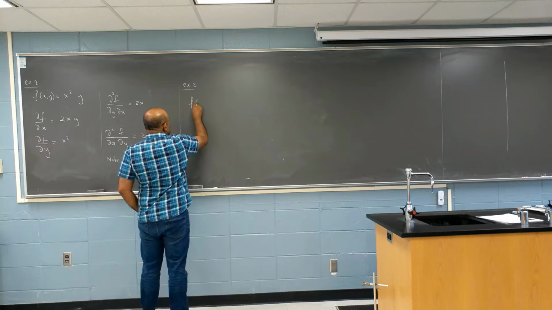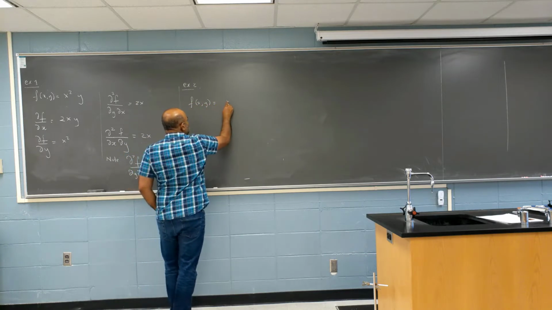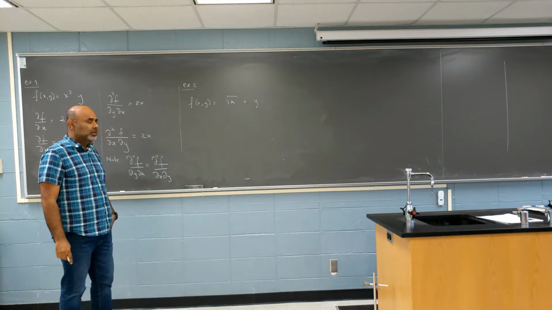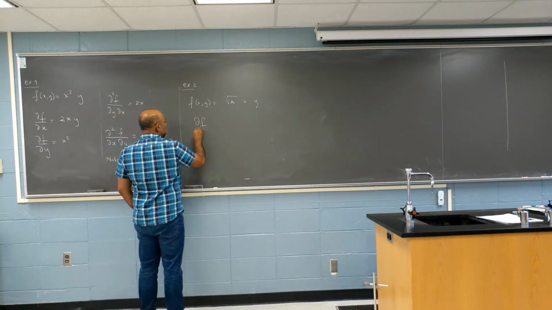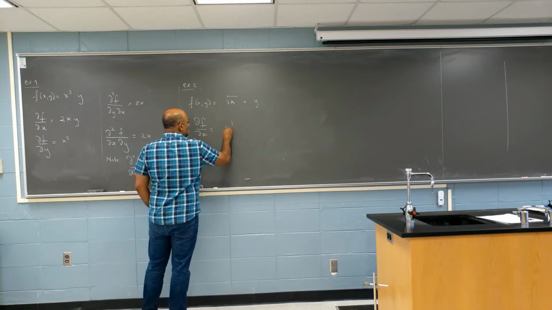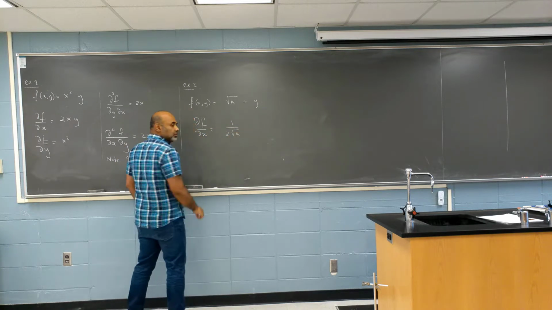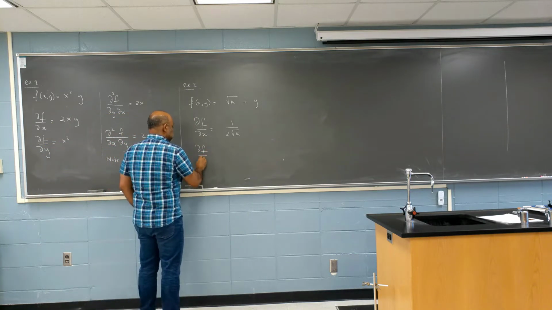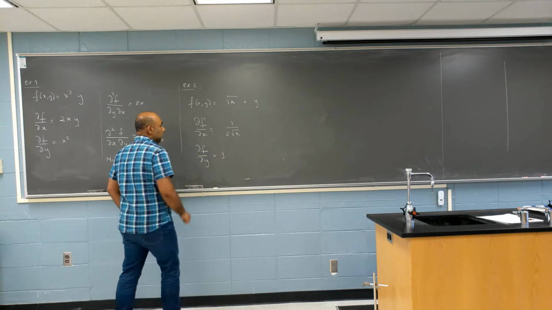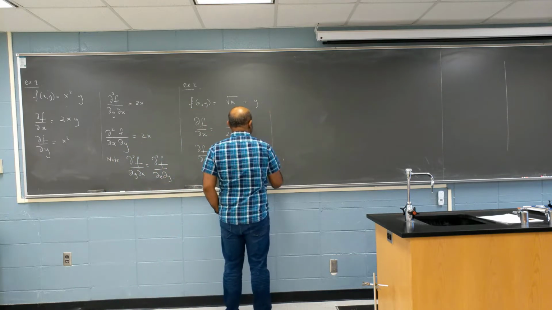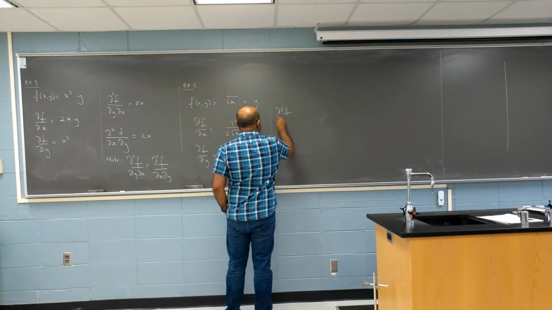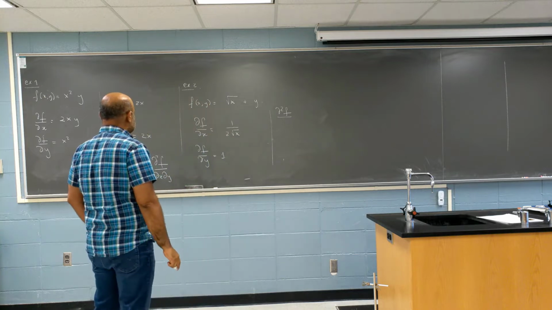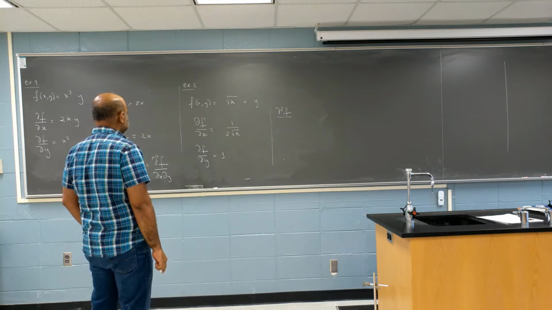So again, f of x, y, I'm going to do just square root of x plus y. So df/dx is 1 over 2 times square root of x, df/dy equals 1. Let's take the mixed partials. D squared f, yeah, that's not good.